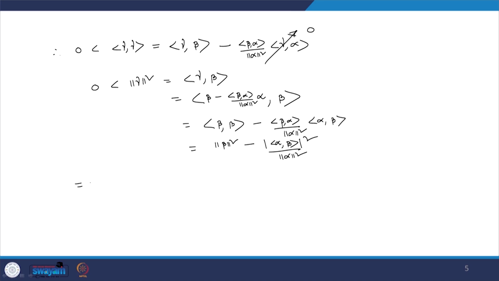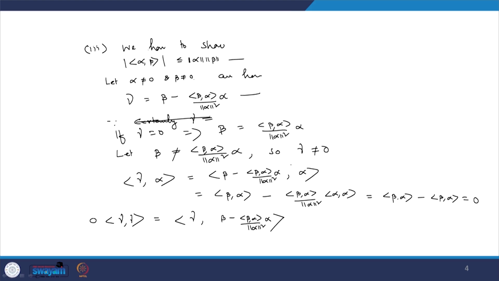So this implies that 0 is less than norm of beta square into norm of alpha square minus the inner product of alpha beta whole square. Here I have taken strictly less than, because gamma is not equal to 0, that is, beta is not a scalar multiple of alpha.